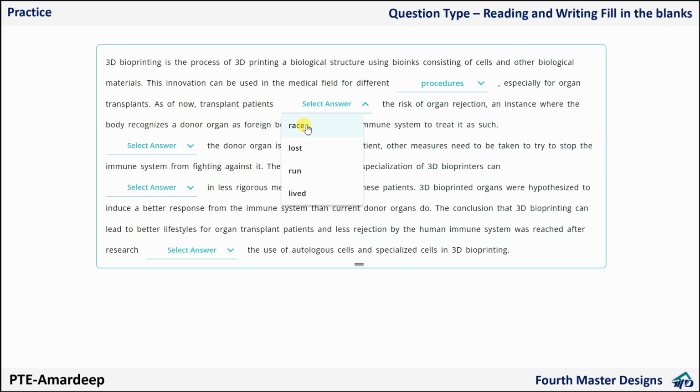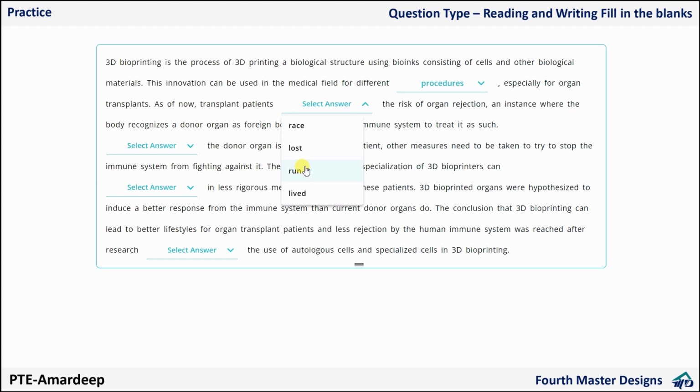Race doesn't fit in this context. Now we have lost, run, and lived. Lost the risk of, transplant patient dash the risk of. So it's present simple. Now what is present simple here? Lived no, race yes, but not in the context.